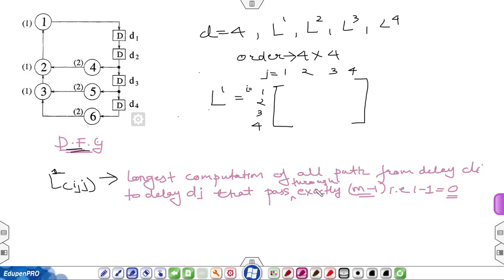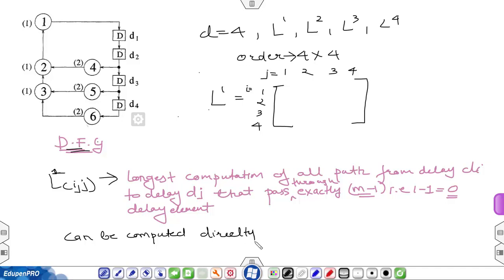So that pass through exactly 0 delay elements. So this can be computed directly from the DFG, from the given DFG.